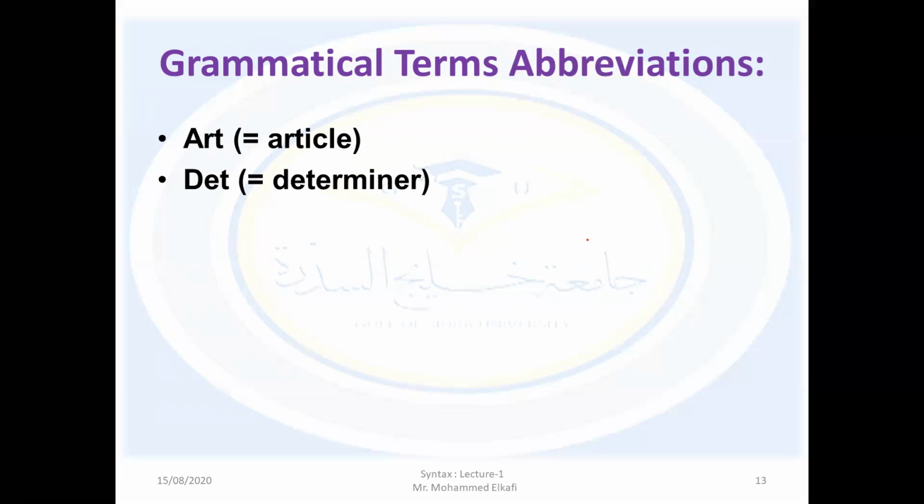Determiners include some different types of words. They include even articles. Article can be described as determiner. Also, it includes what? Demonstratives, as this and that or these and those. Determiners also include what? Enumerators.